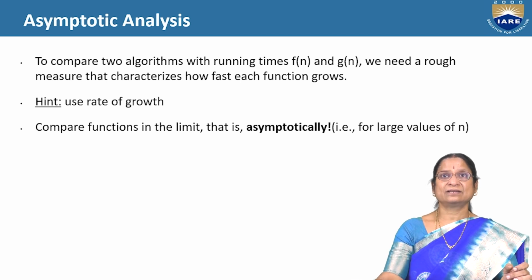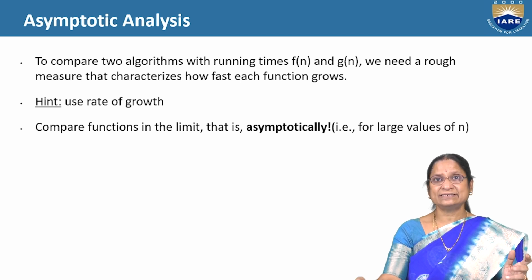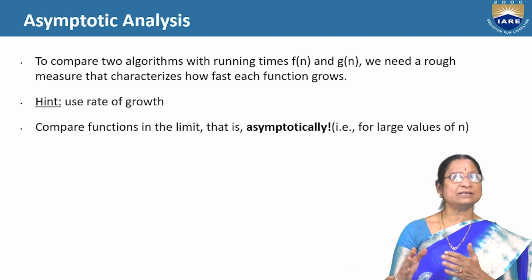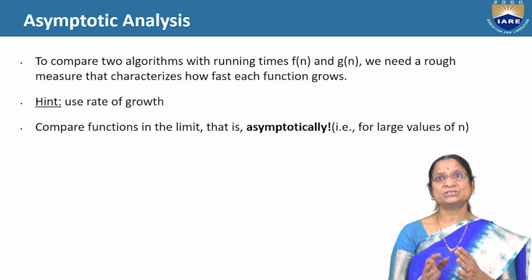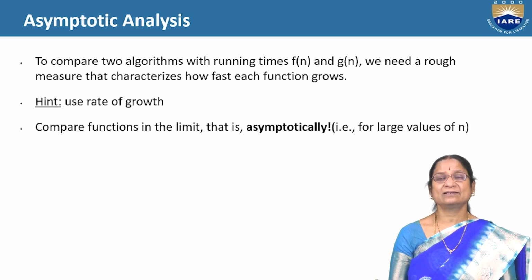We have to compare the functions in the limit, asymptotically. That is, for larger values of n, as n keeps increasing, how our function grows, the order of growth, will be considered. Based upon that, the comparison is carried out.